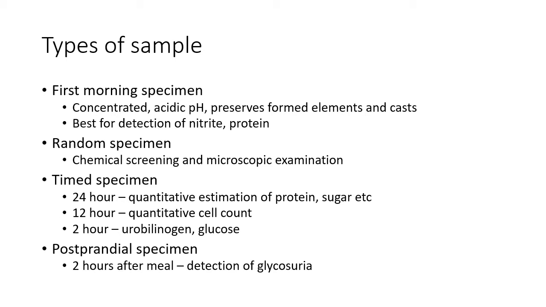Timed specimen is one which is collected in a container for a fixed period of time, that is usually 12 or 24 hours. 24-hour specimen is ideal for quantitative estimation of protein, sugar, etc. 12-hour specimen is for quantitative analysis of cell count, and 2-hour specimen is used for analysis of urobilinogen, glucose, etc. Postprandial specimen, which is collected 2 hours after lunch or dinner, is helpful in detection of glycosuria.